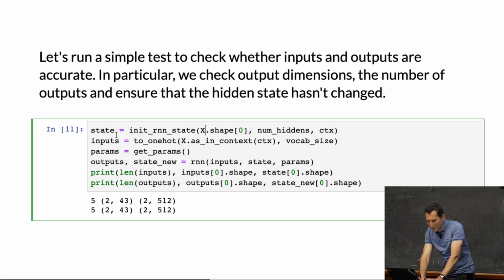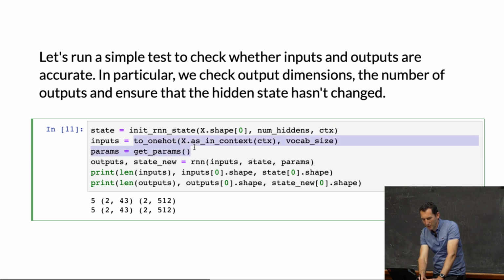But in any case, what I'm doing is I'm getting an initial state, and that depends on the input shape for the x's, number of hidden units and device context. Then I'm encoding my inputs for x. I get my parameters. And now what I'm doing is I'm running the RNN on all the inputs, the initial state and the parameters, and I get some new state out of it.